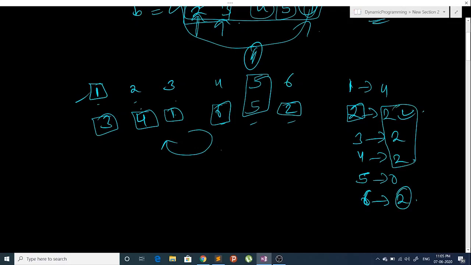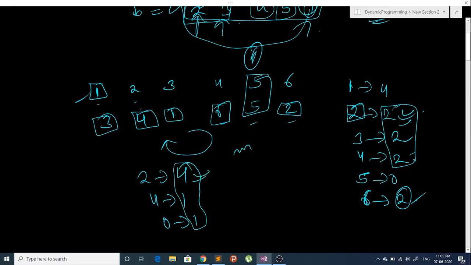For example, here the frequency of 2 will be 4, and the frequency of 4 will be 1, and the frequency of 0 will be 1. So I can see that among all these frequencies 4 is the maximum, so our answer will be 4. So guys, this is the solution for problem C.